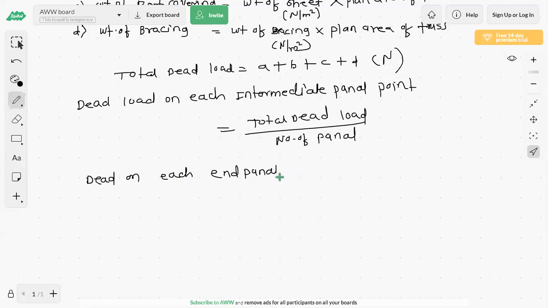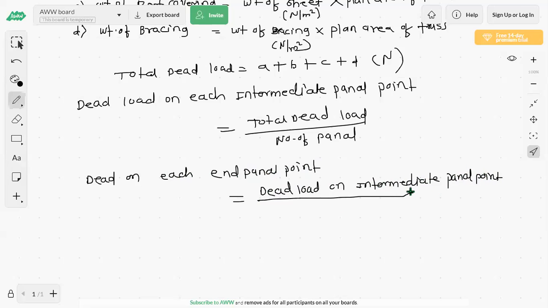So the dead load on the end panel point is equal to the dead load on the intermediate panel point divided by 2.